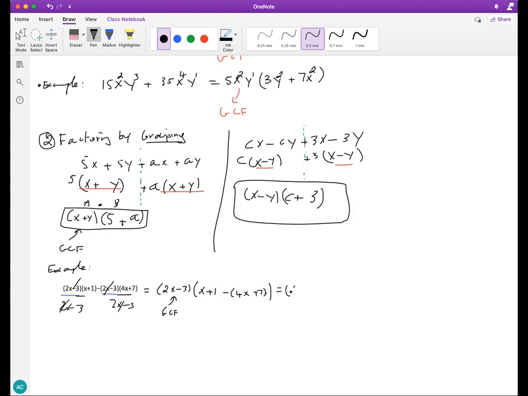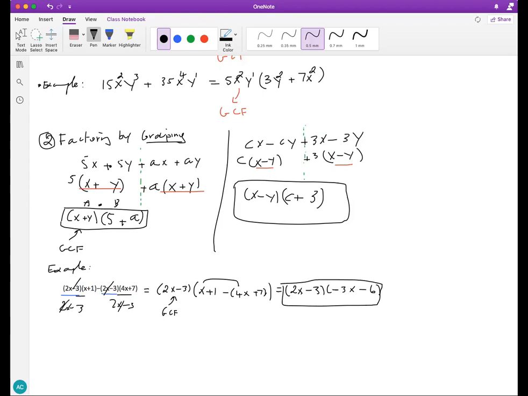So we have 2x minus 3, and then we can combine like terms. What's x minus 4x? Minus 3x, that's right. Then we have 1 minus 7, which is negative 6. And that's it. That's done.